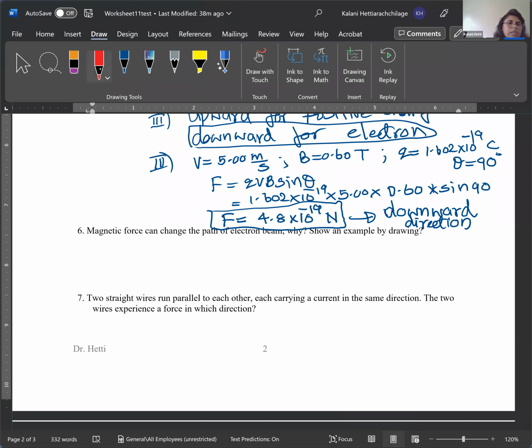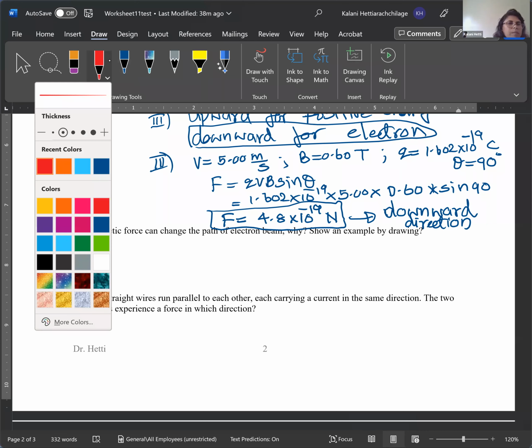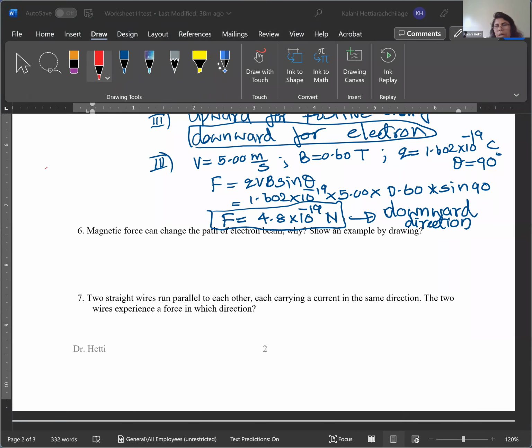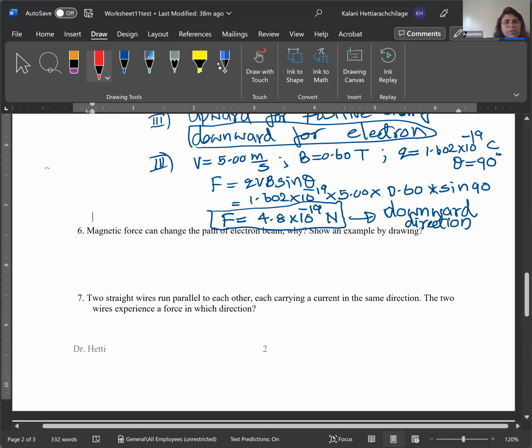Okay, let's move to the next question. Magnetic force can change the path of an electron beam. Why? Show an example by drawing. We actually have done the example on the top also, but let's do it again. Because force changes the path of the electron. So why?